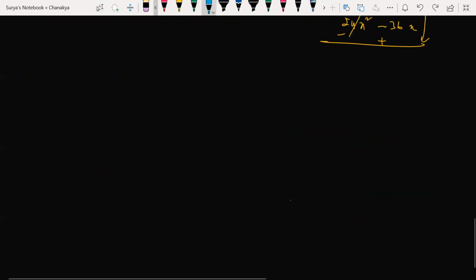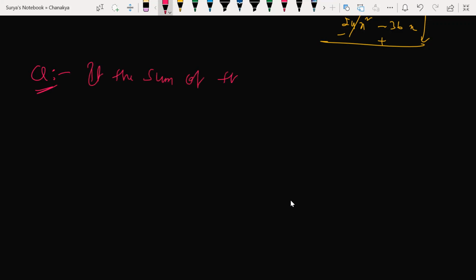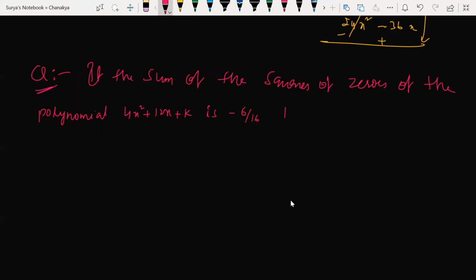Next question. Very good question. If the sum of the squares of zeros of the polynomial is given, then find the value of k.